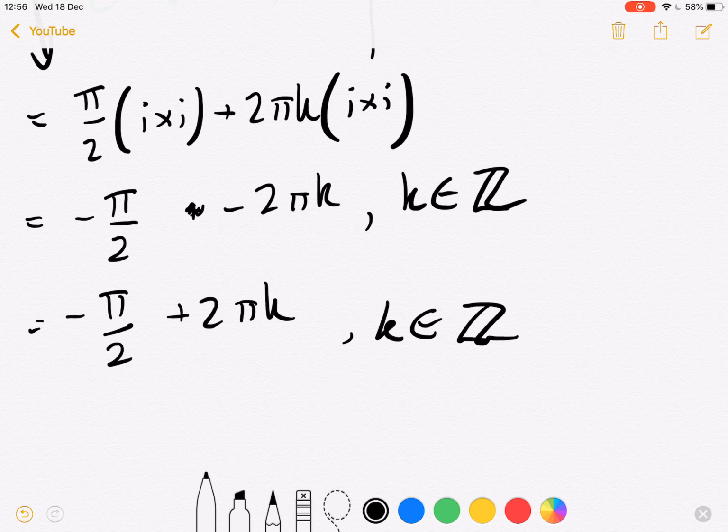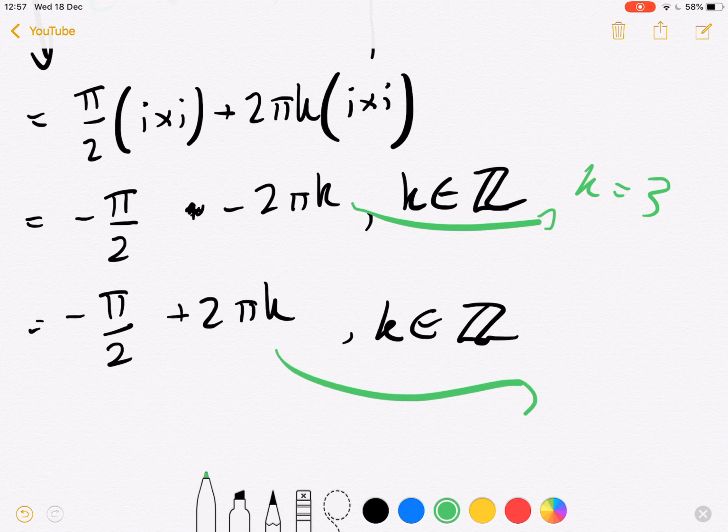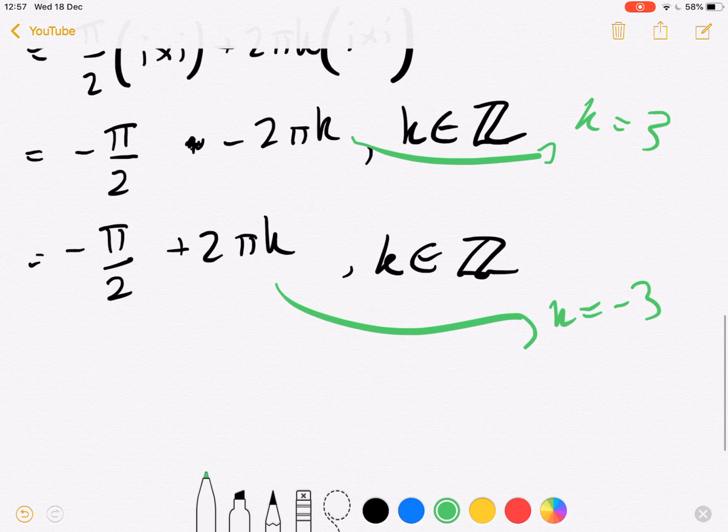And this is because integers contain both the positive and negative natural numbers. So the plus and minus can always be changed. For example, here if I substituted k equals 3, here I just need to substitute k equals minus 3 and it'll be exactly the same. So we can write it in both ways, it doesn't really matter.